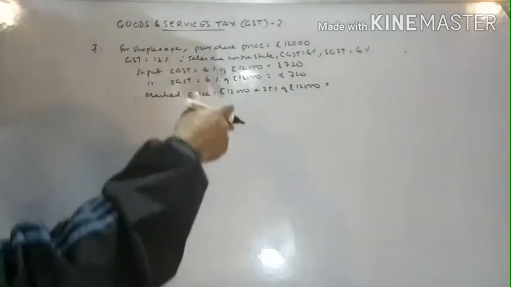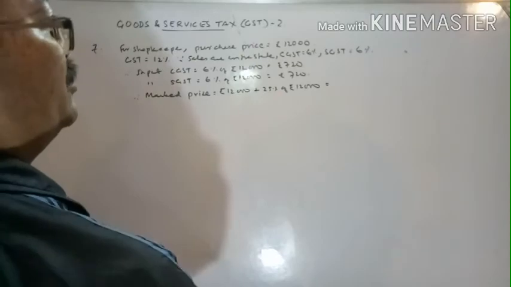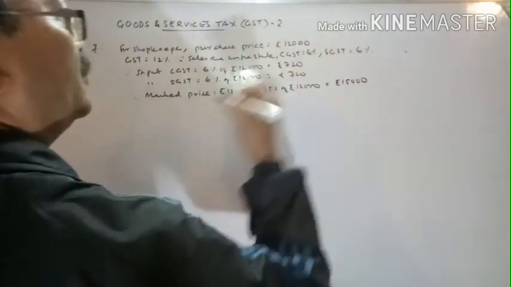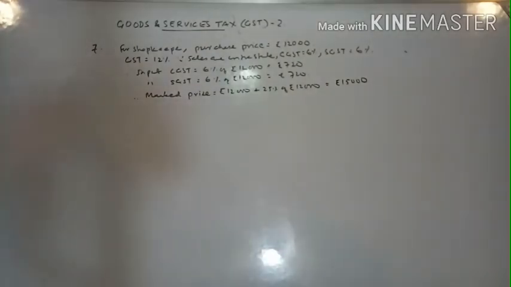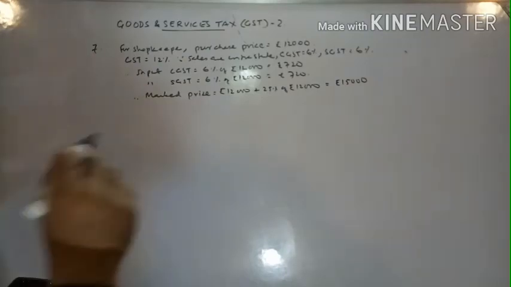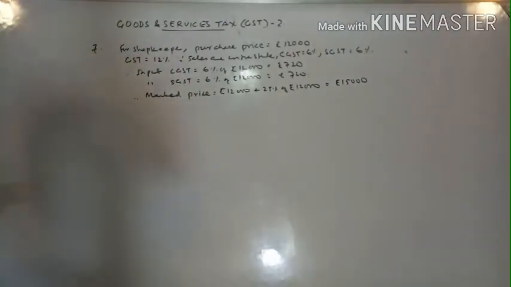Now 25% is 1/4. 1/4 of 12,000 is 3,000. So 12,000 plus 3,000, it will be rupees 15,000. So now he marks the price at 15,000. He purchased for 12,000. Now he has marked the price. Okay, he's put a tag of 15,000.